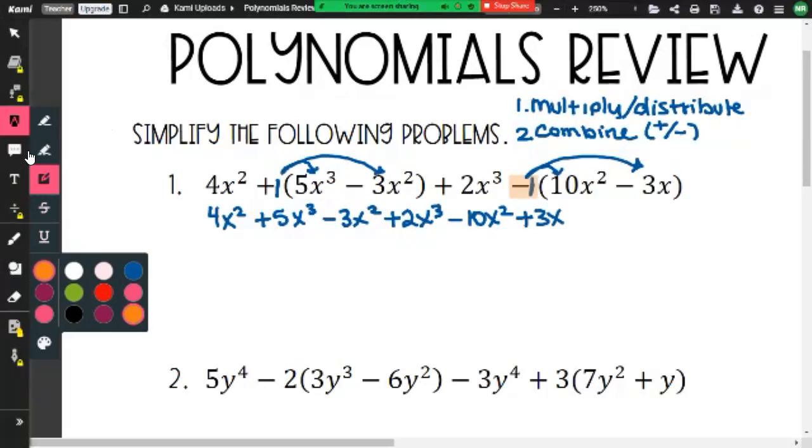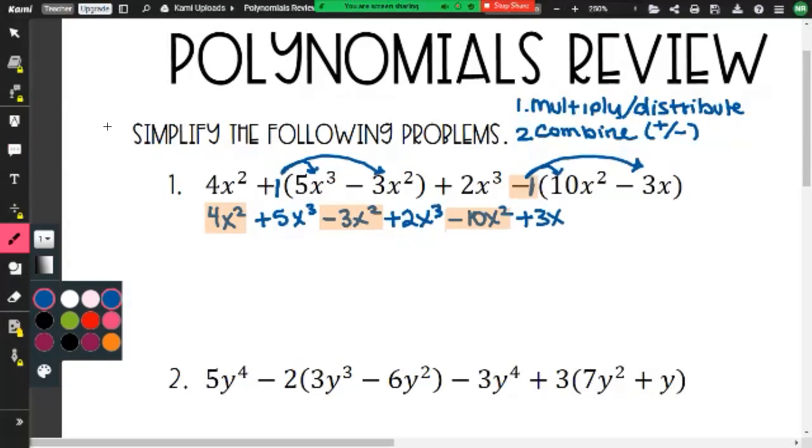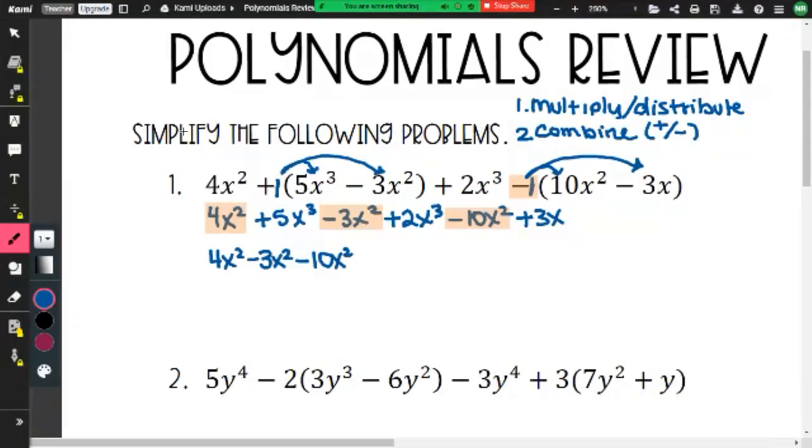Okay, so let's see. I'm going to start here with this first term. What can I combine? What can I add or subtract from 4x squared? I go through my terms and I can combine the negative 3x squared, but I can also combine negative 10x squared. So let's bring those down. 4x squared minus 3x squared minus 10x squared. When you are combining, remember, what you are actually adding is the coefficient. So 4 minus 3 minus 10.